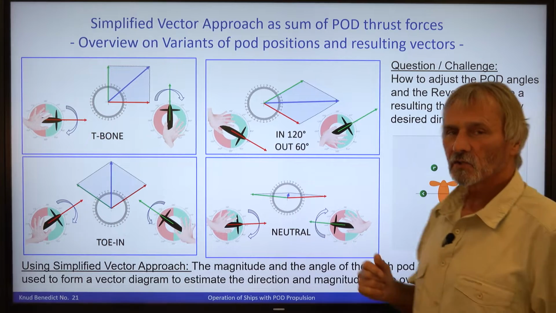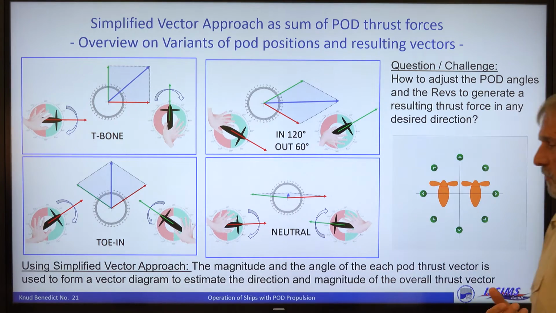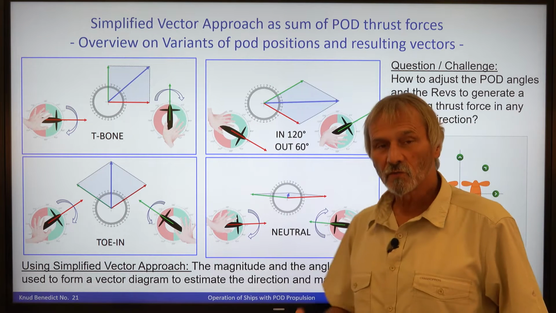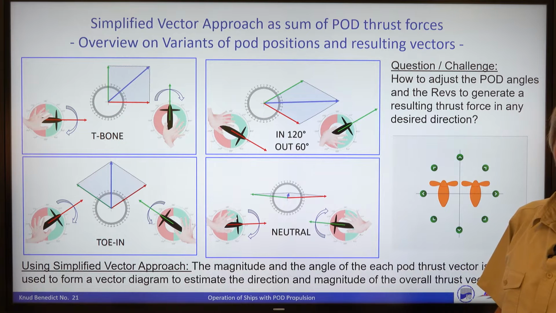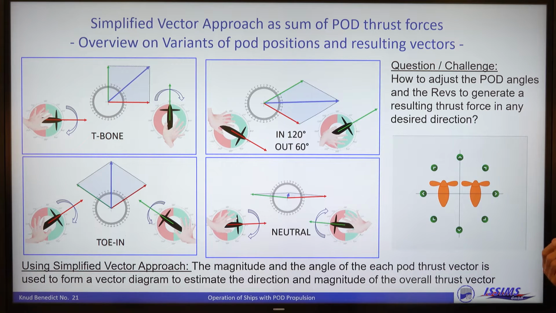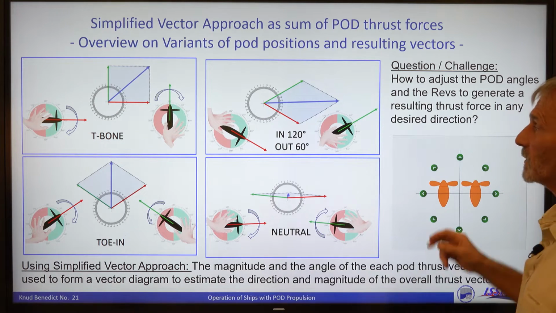Using a so-called simplified vector approach is very advantageous. The magnitude and the angle of each pod thrust vector is used to form the total resulting vector. But this is a simplification, and we will show why.